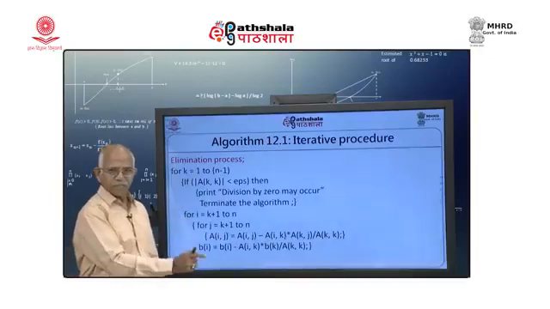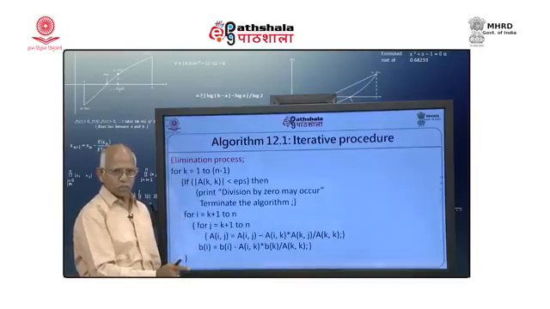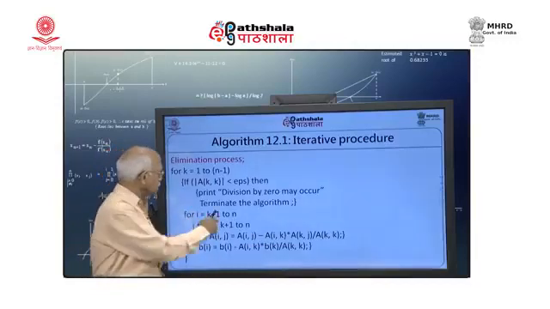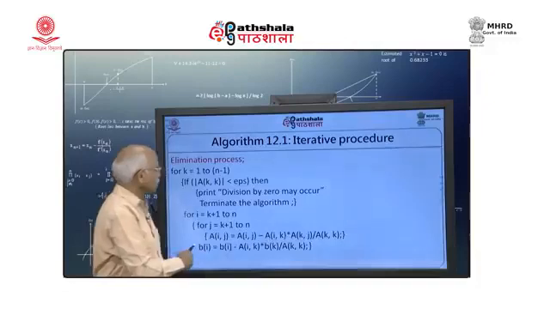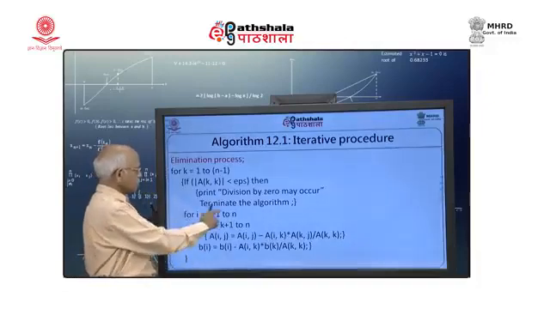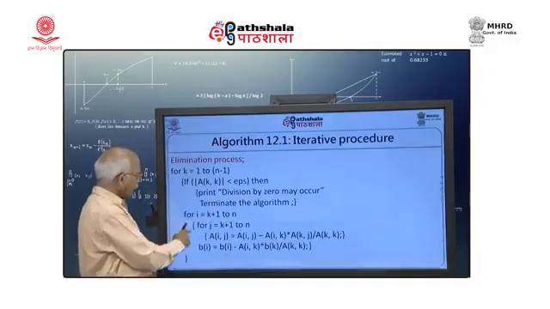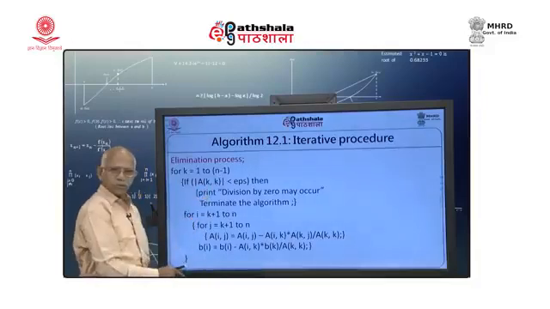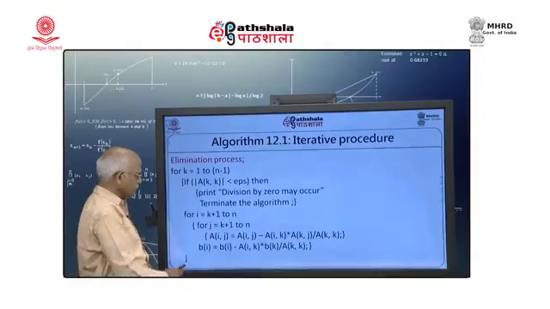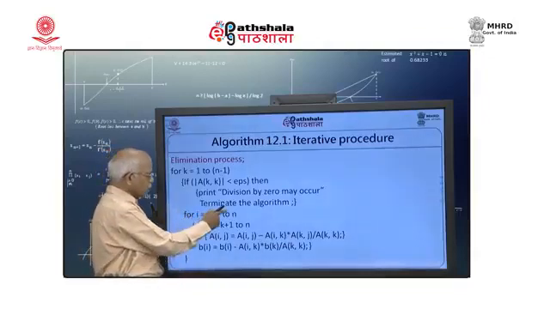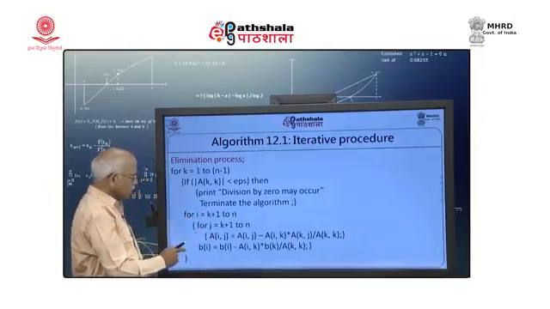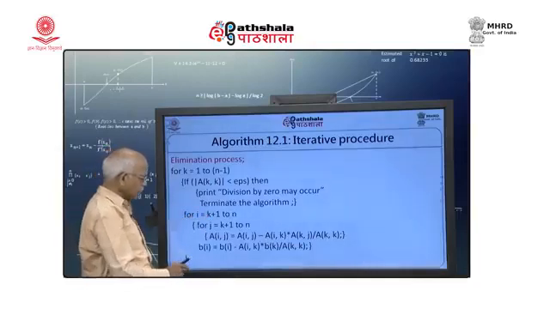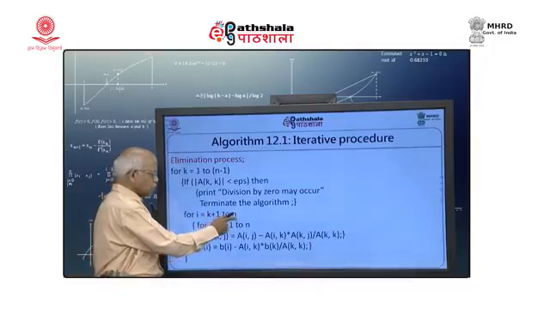So, if at any stage of the elimination process the diagonal element becomes alarmingly small, then we will terminate the algorithm. After ensuring that this is not so, we go to the further computation in the kth step, for i equal to k plus 1 to n. So, now we are considering the k plus 1th row to the nth row, and then we are doing j equal to k plus 1 to n.